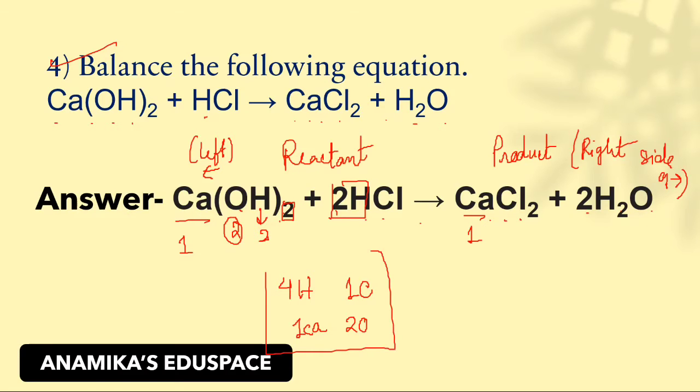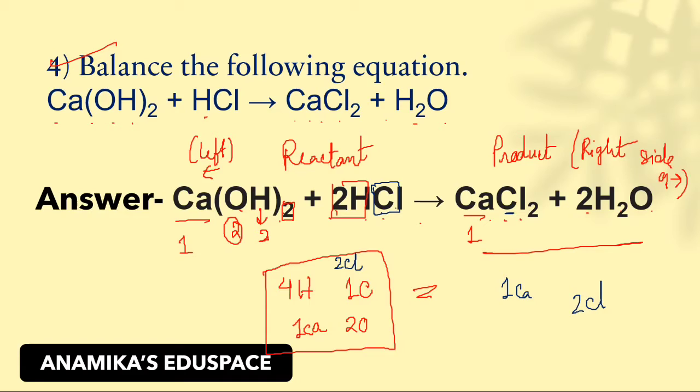So we have to balance this with the other side. How many Cl are there? 2 Cl are there, because 2HCl is written. So 2 Cl. Clear? And so it is balanced.